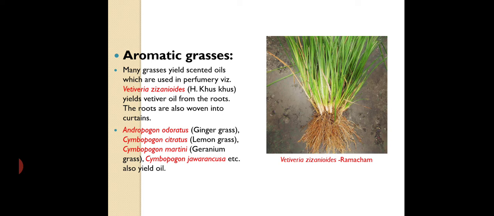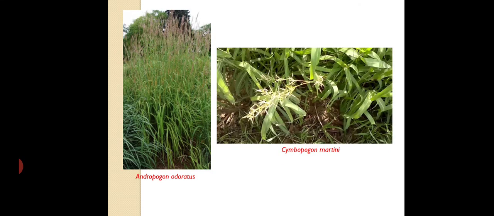These all have some alkaloids, and from these grasses some alkaloids or volatile oils are extracted. Okay, and this is Andropogon species.